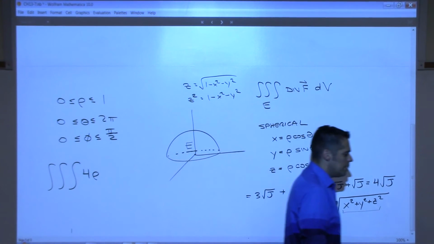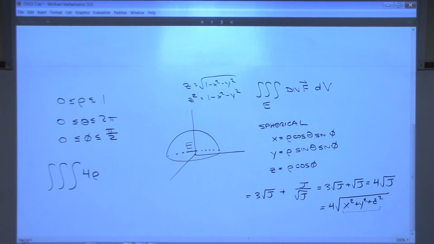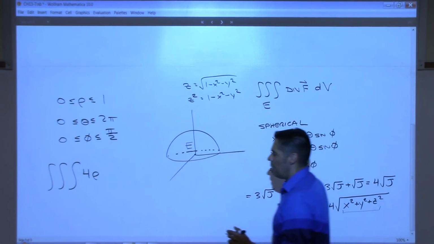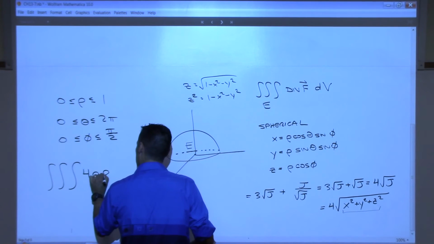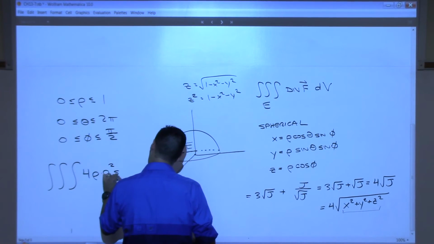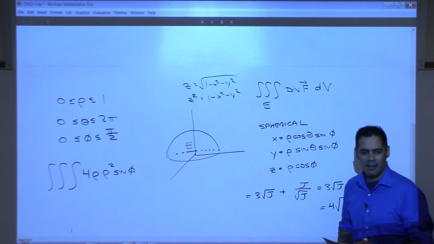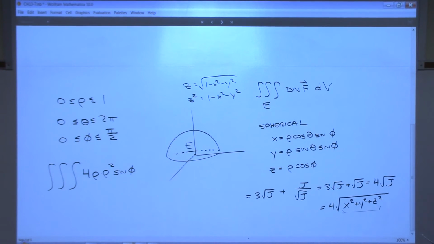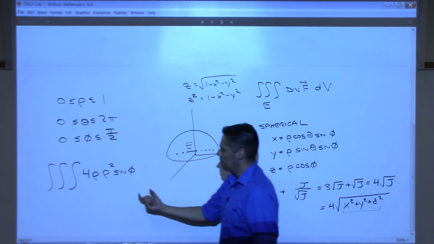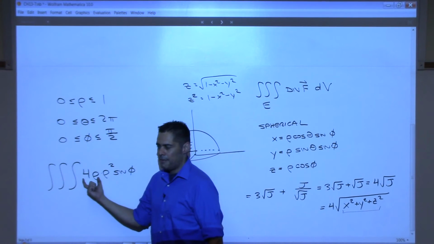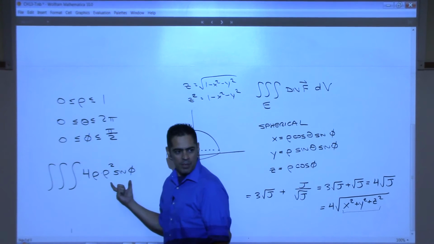But every time that we do a spherical conversion, we must include rho squared sine phi. I like that. That just has a ring to it. Everyone got this? This is the actual div f. This is what we have to put because we went to spherical.